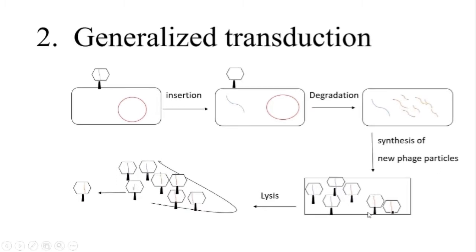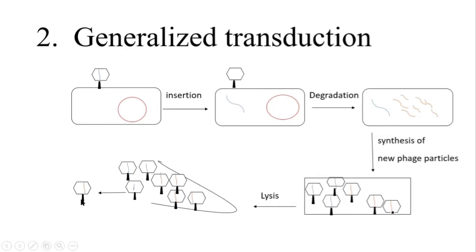Now during the phage assembly process, the phage mistakenly packages the bacterial DNA into the viral head instead of viral DNA. So this results in the formation of a virus particle containing bacterial DNA. Now when this phage infects a new bacterial cell, it injects bacterial DNA into the host.